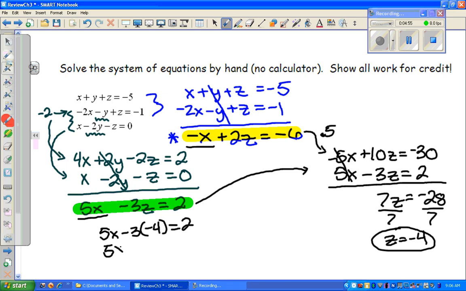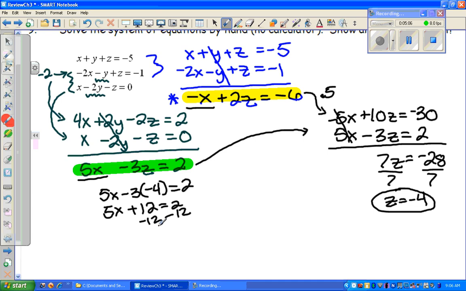So 5x, negative 3 times negative 4 is plus 12. Then I'm going to subtract 12 from both sides. So 5x equals negative 10. Divide by 5, divide by 5, and x is negative 2.